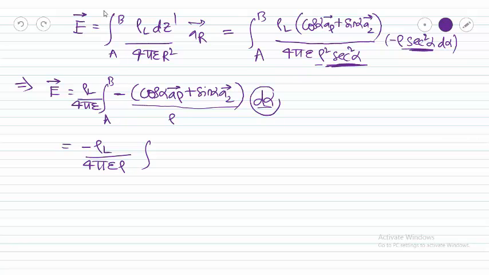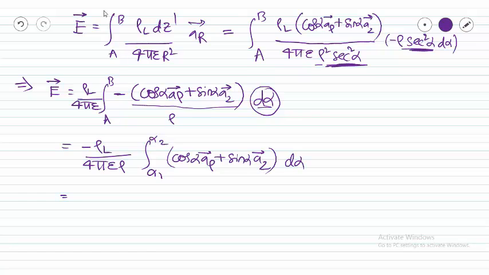If you look at the figure carefully, the line PA is making an angle of alpha 1 with PT. Similarly line PB is making an angle of alpha 2 with PT. So the lower limit will be alpha 1, upper limit will be alpha 2. So cos alpha a rho bar plus sin alpha a z bar d alpha.